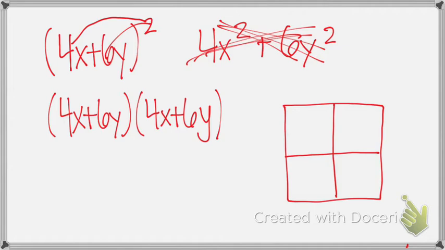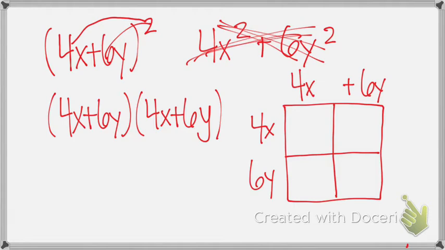I've had that same question maybe 12 times today. And it's all the same people whose brain thinks like my brain. See, that's what I like. Okay. So, 4x plus 6y, 4x, 6y. Okay?